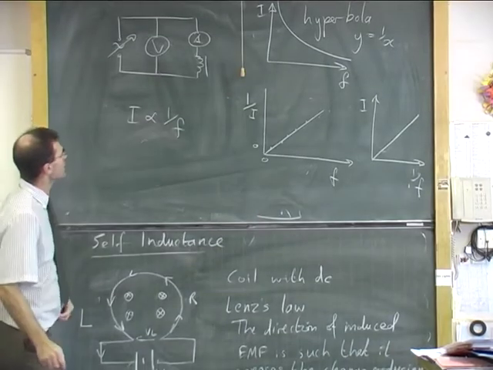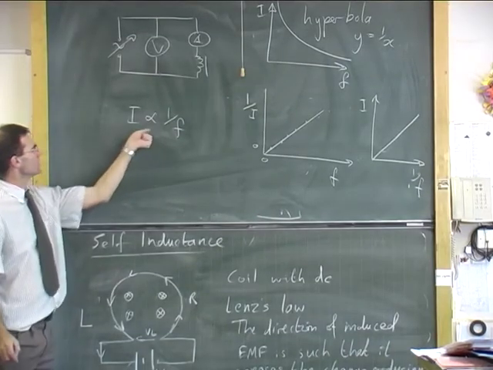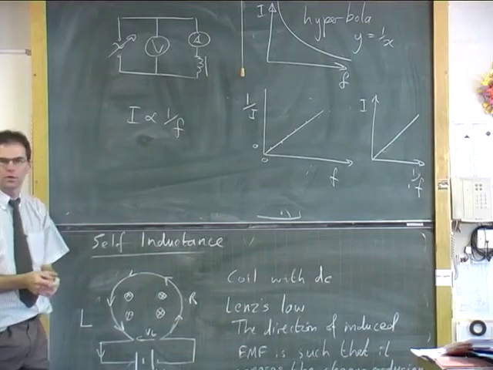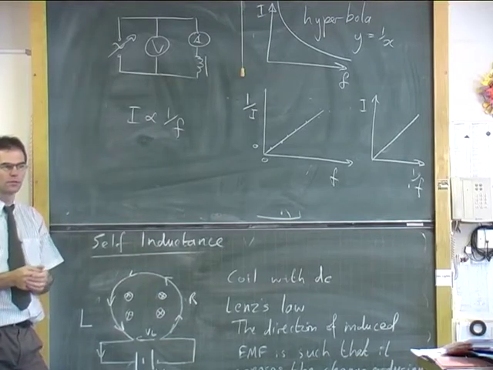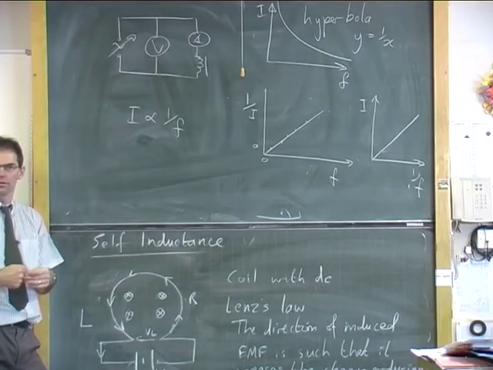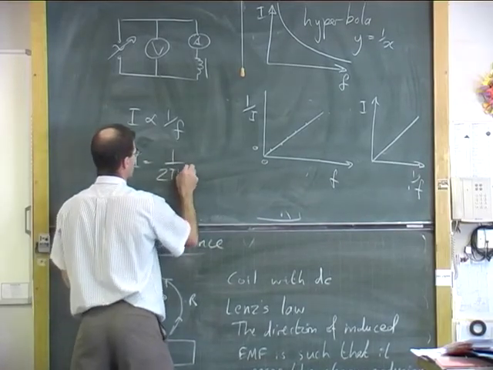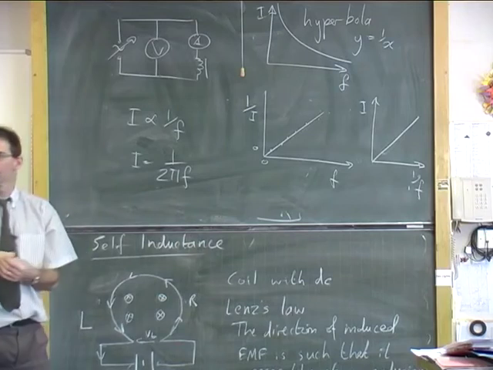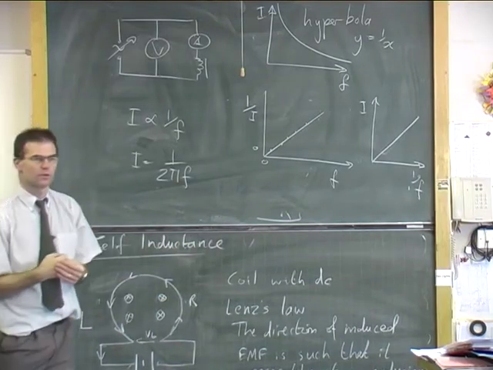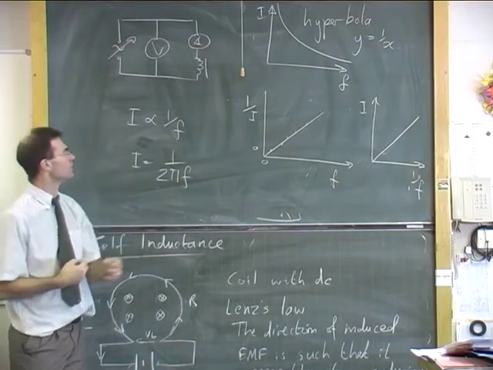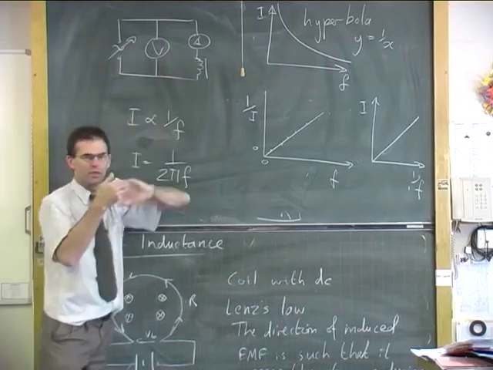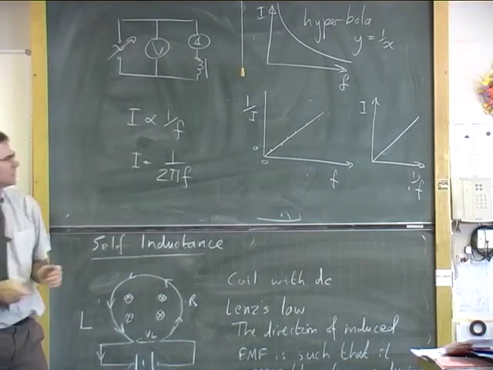In this equation here, you put in two constants. What constants appear in that to give you an equation? Okay, so we get I equals 1 over 2 pi f, and also the other constant is to do with the number of coils and the makeup and the material, which is the inductance.